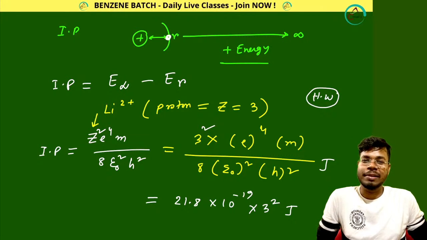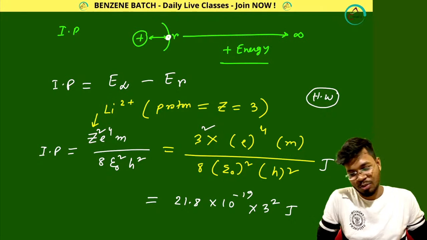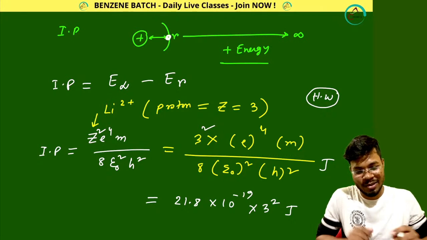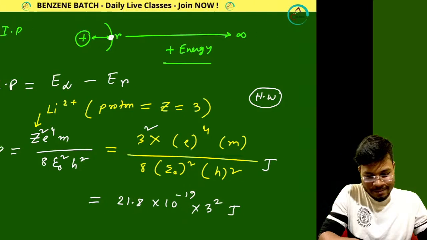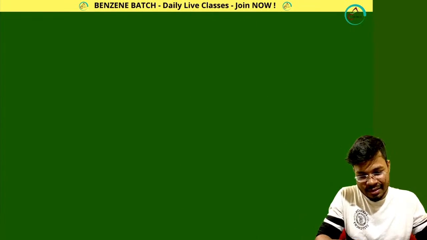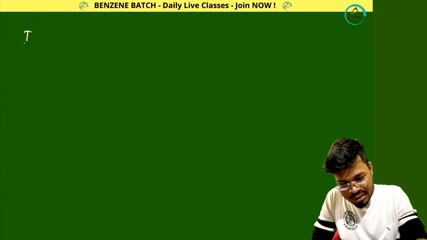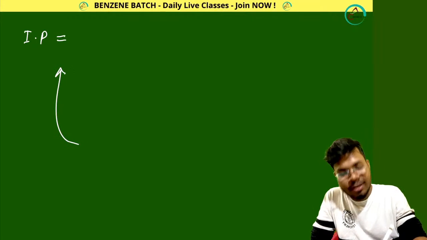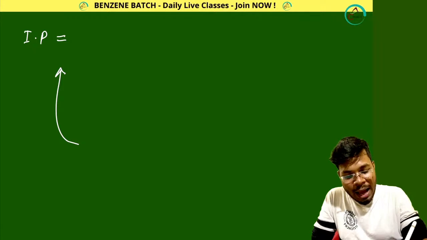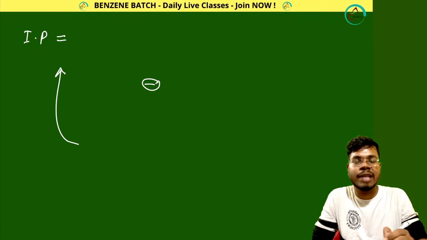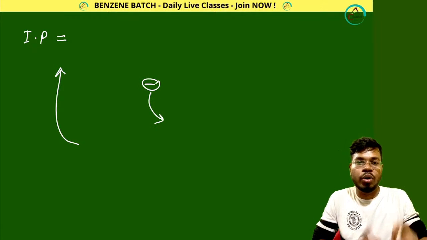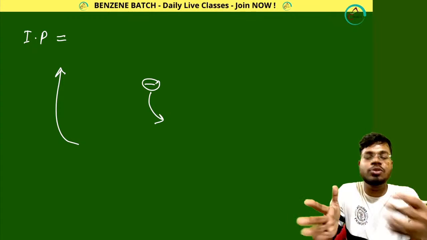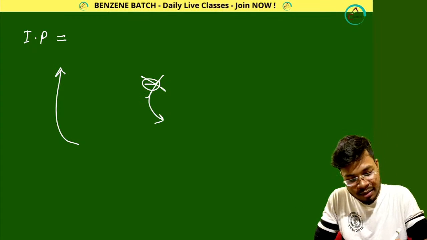There is a shortcut method to do that. The shortcut method is: ionization potential equals energy you need to supply, so you don't need to put the negative sign. A negative sign means the system is doing work. Here you are adding energy to the system, so the negative sign will not be there.